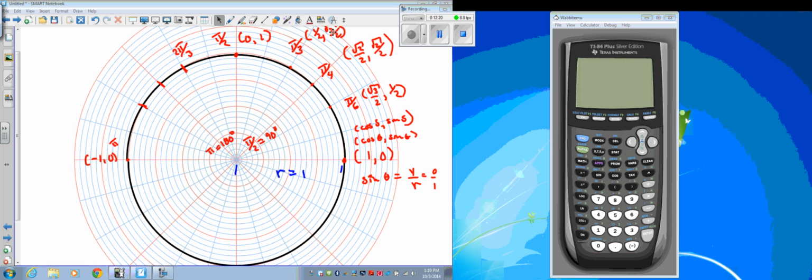But you see what happens is here our cosine is 0 and it goes to what? Negative 1/2, right? And now the sine goes to the same as this, because the height is the same as that. Square root of 3 over 2.